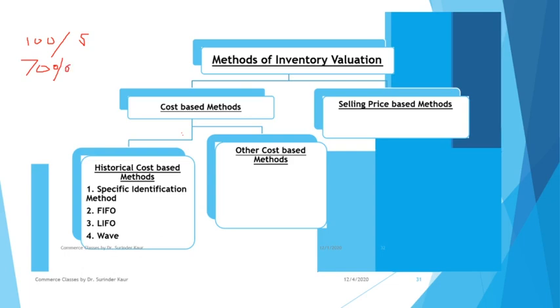Now at the end of the period, you went to your stores and found that only 200 units are left. So what should be the cost of those 200 units? If you can identify the stocks, looking at the 200 units, you can identify that out of these 200 units, 50 units are from this lot and 150 units are from this lot. In that case, you will follow the specific identification method.